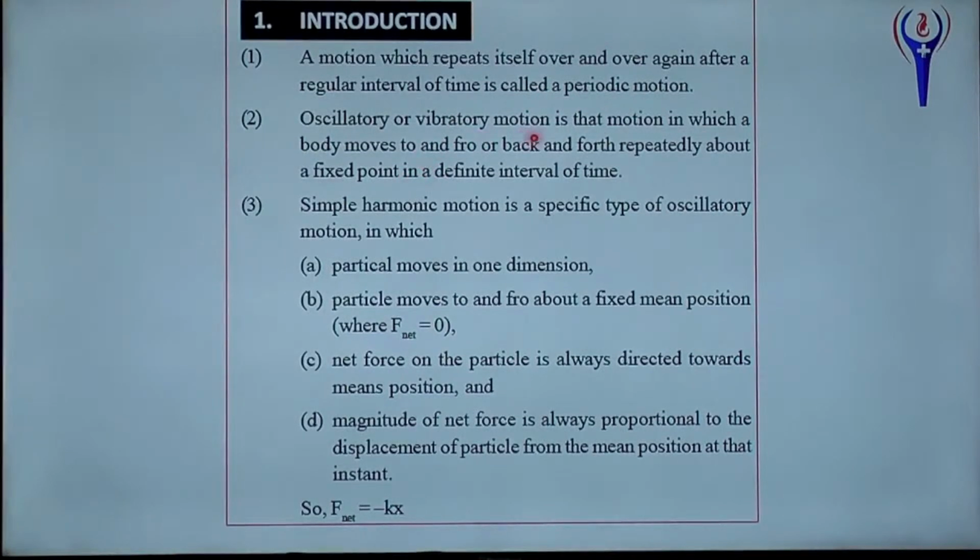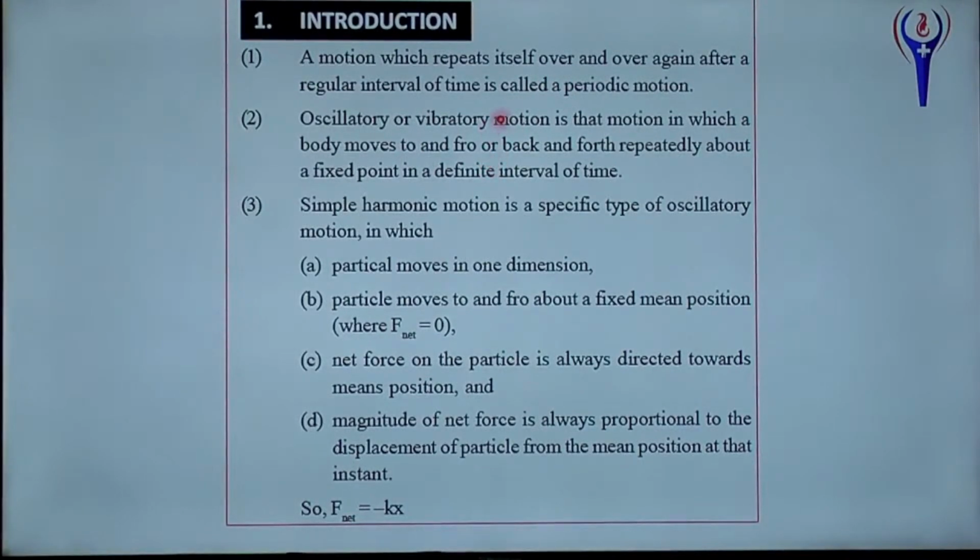Oscillatory or vibratory motion is that motion in which a body moves to and fro or back and forth repeatedly about a fixed point in a definite interval of time. That is called oscillatory motion or vibratory motion. That is, all oscillatory motions are periodic motions, but all periodic motions are not oscillations.